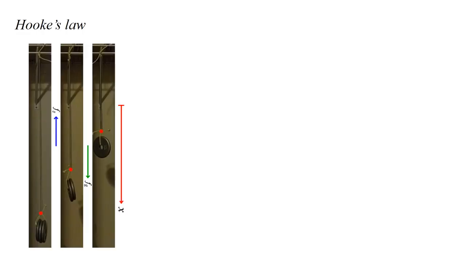In all cases, the weights are held at rest, in equilibrium. The gravitational force on each weight is about 11 newtons, downward. In equilibrium, the spring exerts an equal force upward. In each case, we measure the displacement, x, of the spring's end, marked with a red dot in the photos.